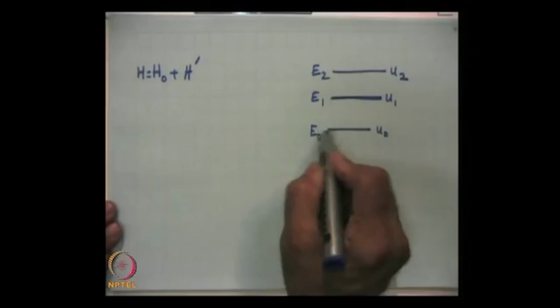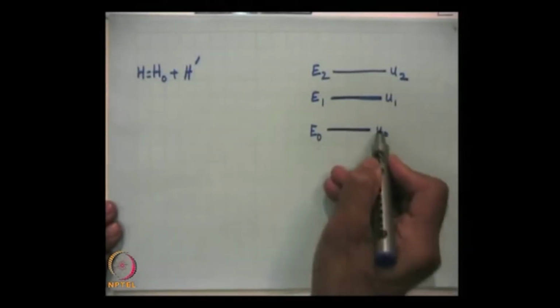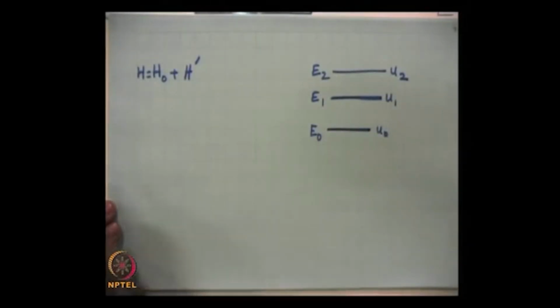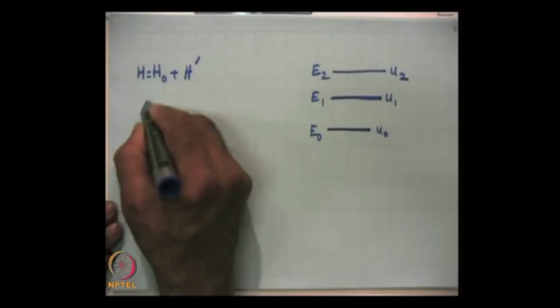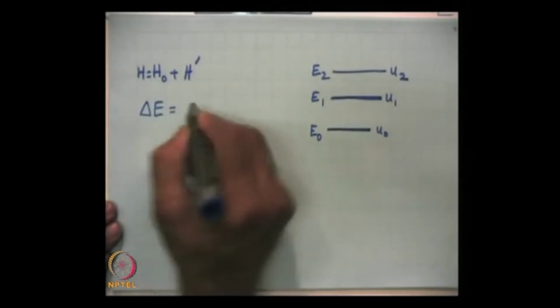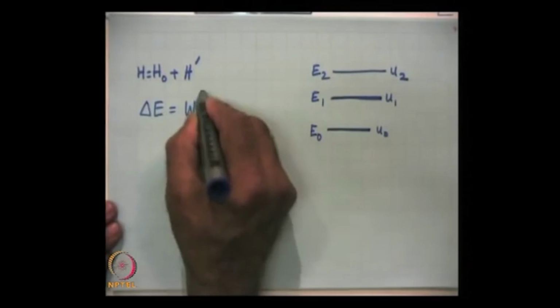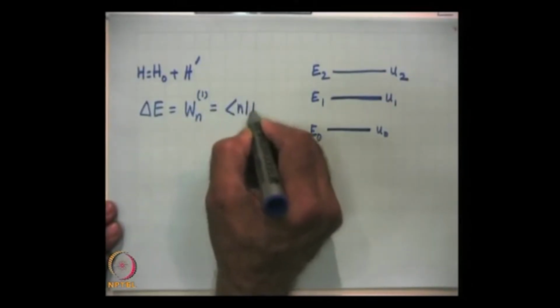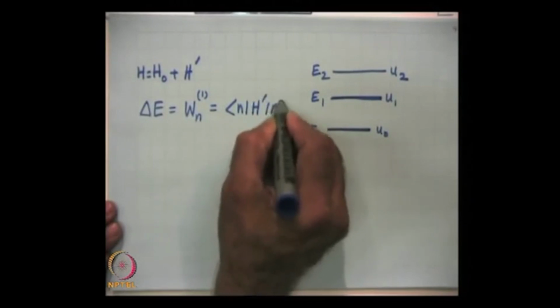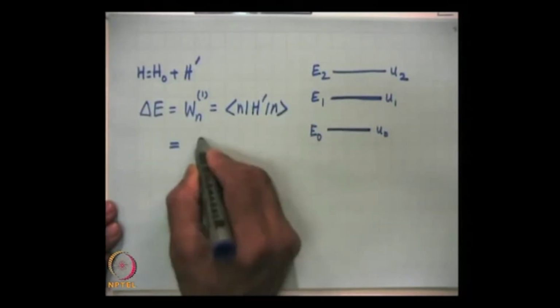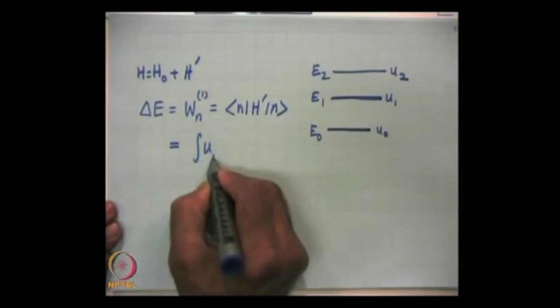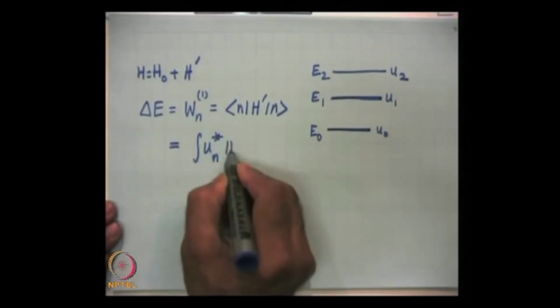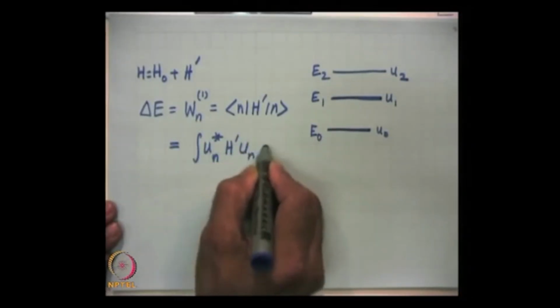So, that corresponding to a particular value of energy there is only one state, and the perturbation delta E is equal to W n 1, this is equal to bra n h prime ket n, and this is also written as the integral of u n star h prime u n d tau.